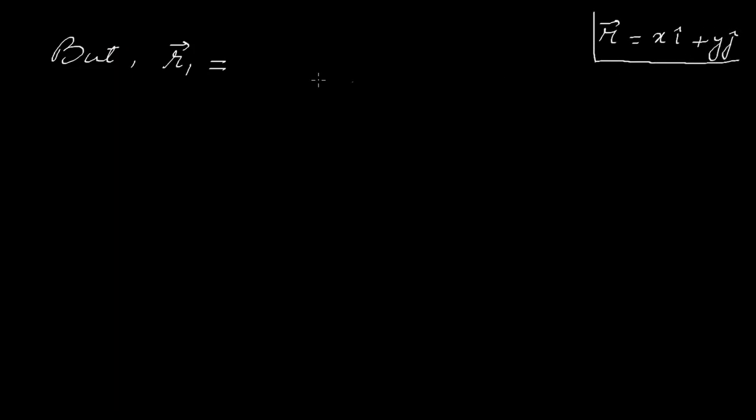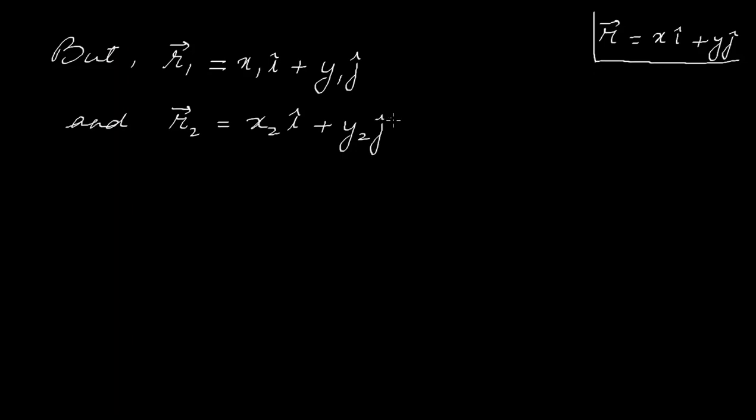Okay, but what is R1? R1 bar is just like before. We already know the expression of the position vector, right? How do we write position vector? We say it is x i cap plus y j cap, right? So here R1 will be what? Will be x1 i cap plus y1 j cap, and R2 bar will be x2 i cap plus y2 j cap.